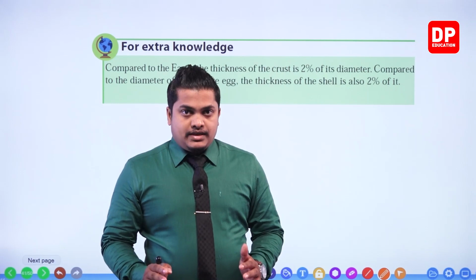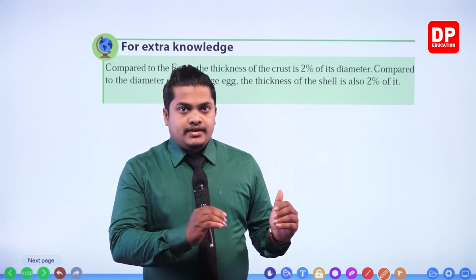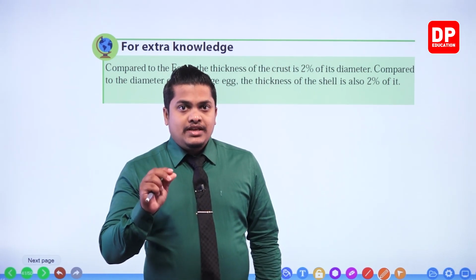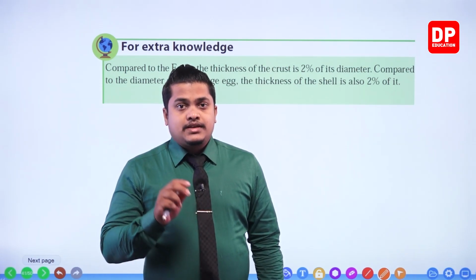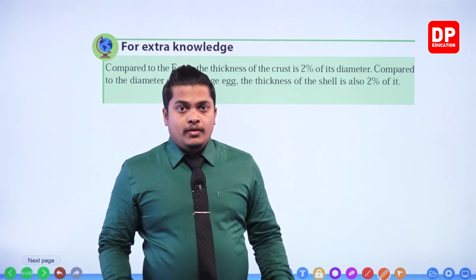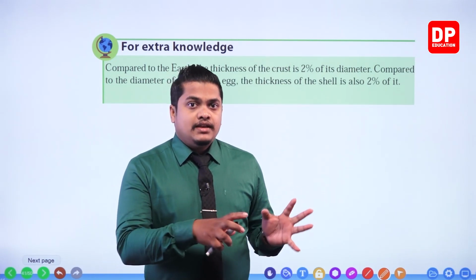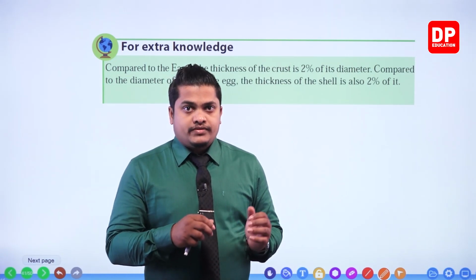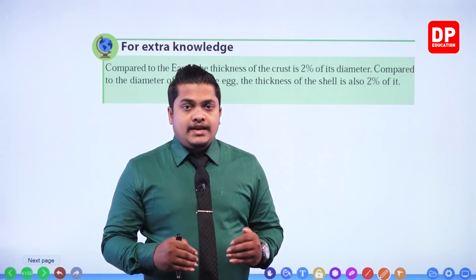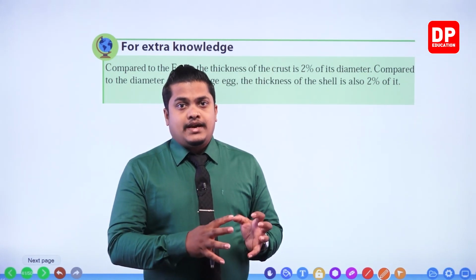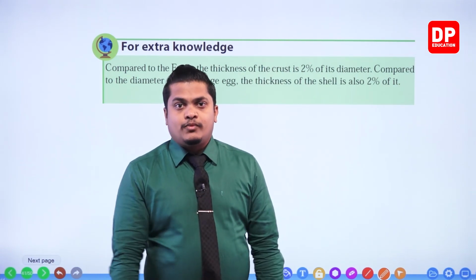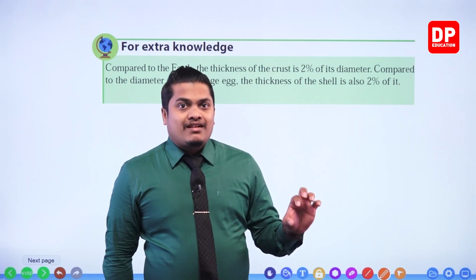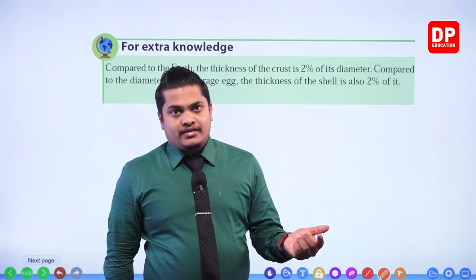When you compare the egg, the eggshell is also about 2% of the entire egg, and the other parts contain 98%. So when you take the structure of the egg and the planet Earth, the three areas as a percentage show the same or equal percentage value, my dear children. So the crust is about 2% of the planet Earth.